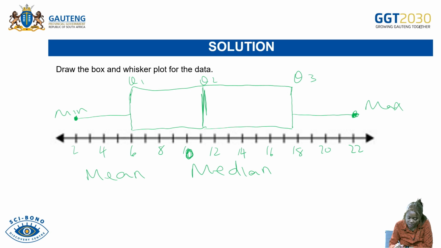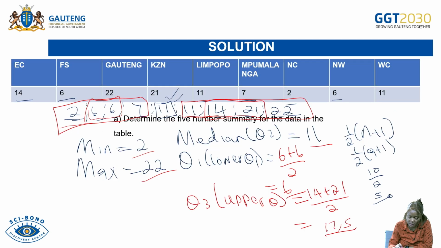The median is 11, and for our mean we have to add each and every data value and then divide by the total. So it is 14 plus 6 plus 22 plus 21 plus 11 plus 7 plus 2 plus 6 plus 11.